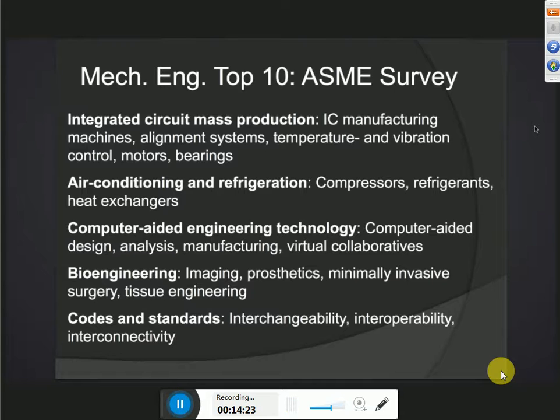Along with that, the CAE, the computer-aided engineering and technology, being able to do solid modeling of three-dimensional surfaces and three-dimensional objects is getting very important. Now, codes and standards probably are not very strict for everyday products in India, but I think it's coming up from when I visit India.